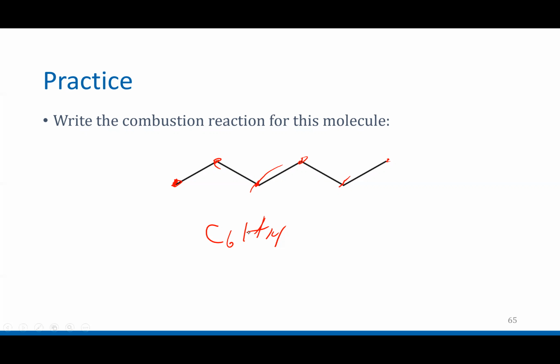Okay, so let's look at the answer to this molecule. First things first, I count the carbons. 1, 2, 3, 4, 5, 6. So the molecule here is C6H14, which is hexane.